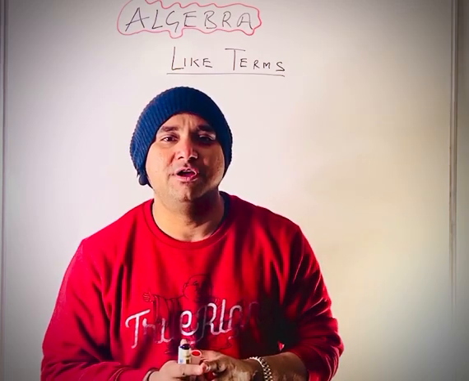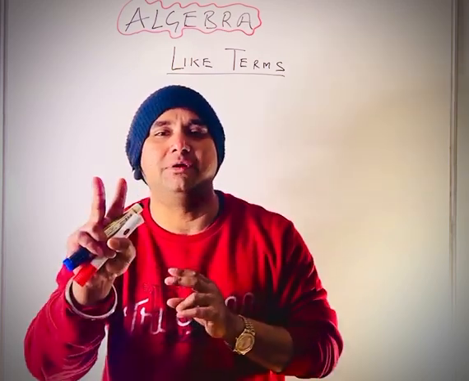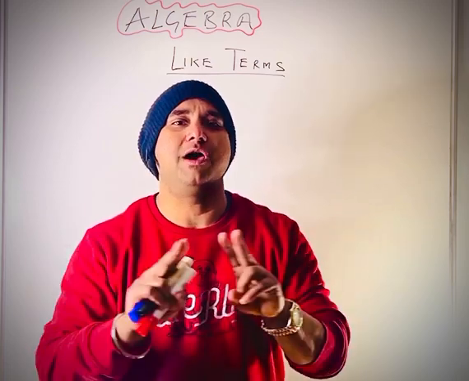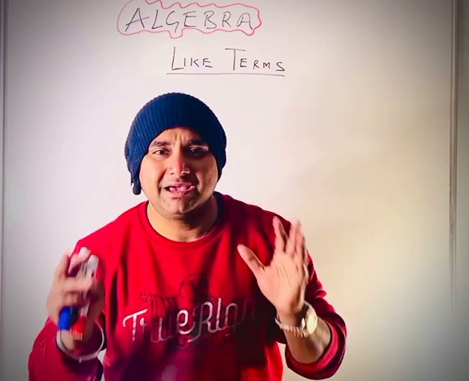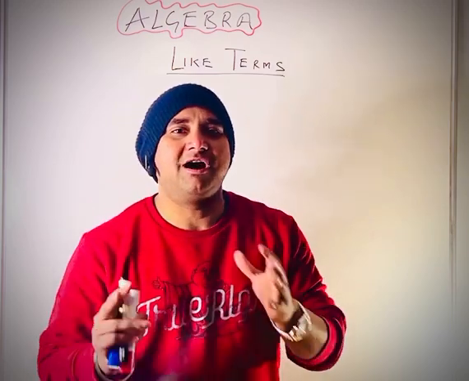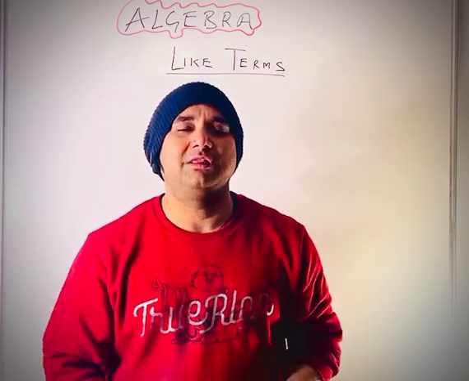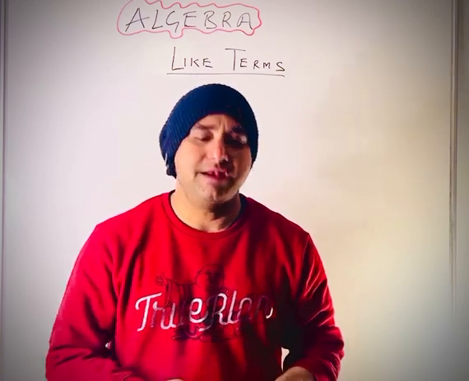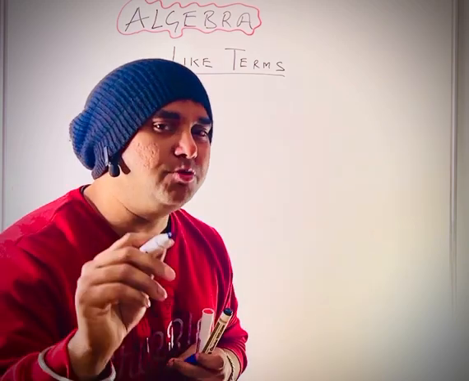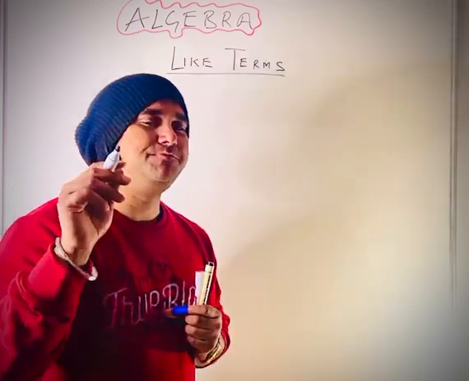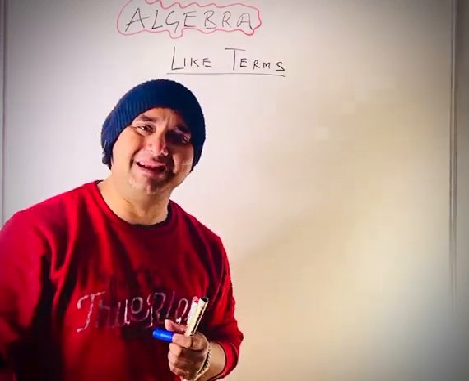What are they going to have? They're going to have 2 apples and 2 oranges. They're not going to have 4 apples or 4 oranges, because apples and oranges are different fruits. They are not like fruits. Does that make sense? Now let's start understanding like terms with respect to expressions in algebra.